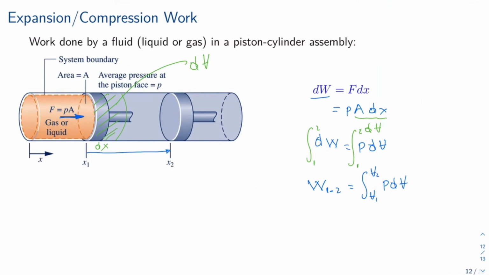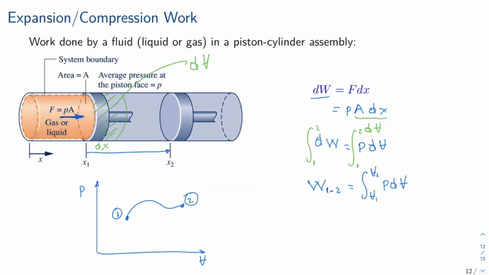Let's make a plot here. So we have as the independent variable the volume, and as the dependent variable the pressure. So we are in position 1, and we are moving from 1 to 2.